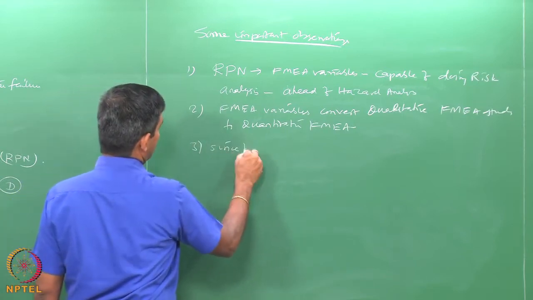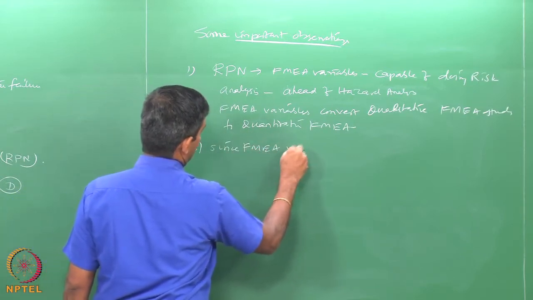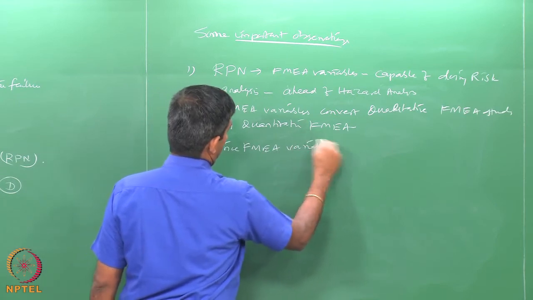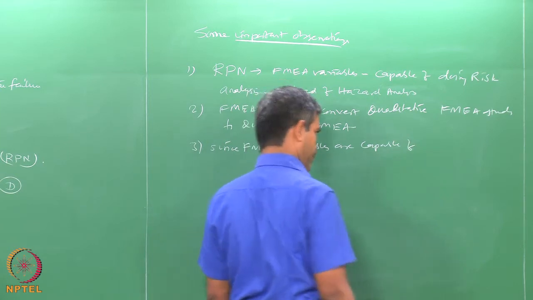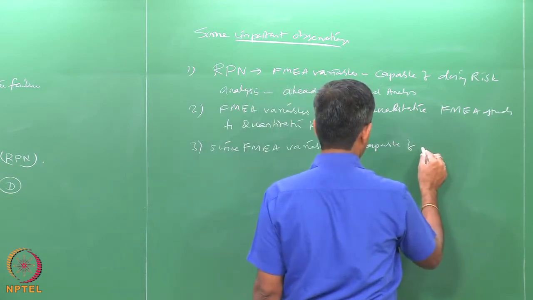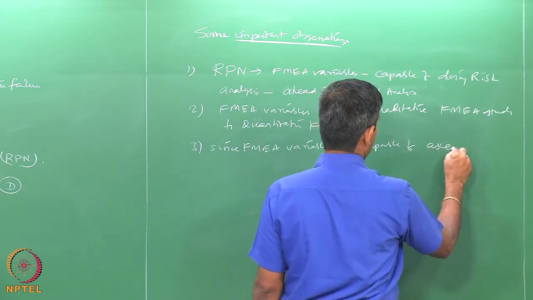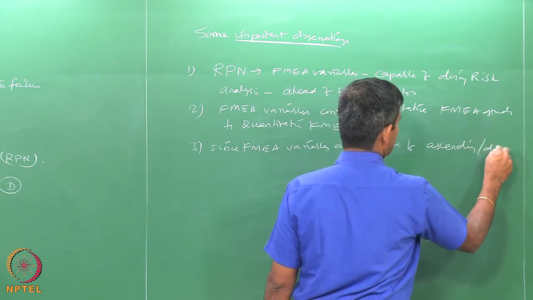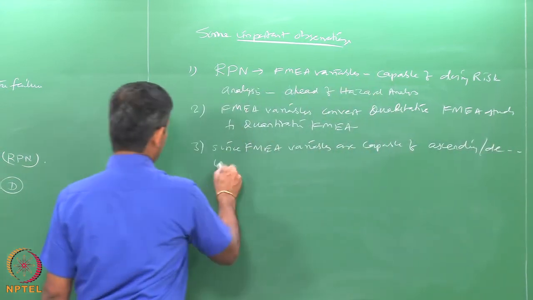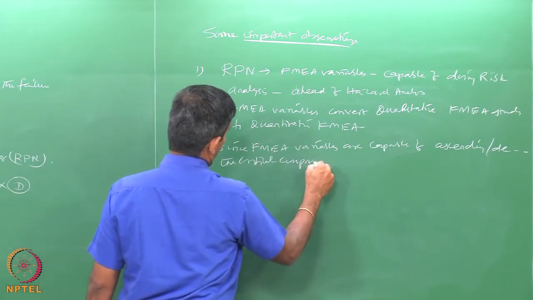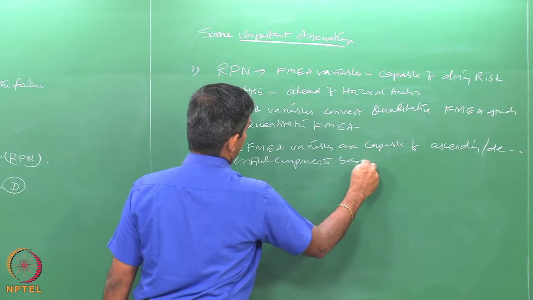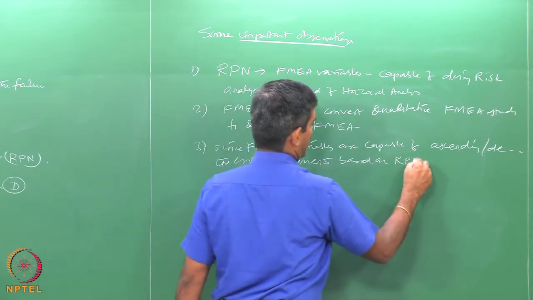Since FMEA variables are capable of ascending or descending the critical components based on the risk priority number.